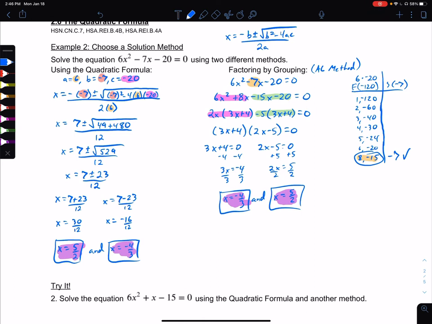So it's really important that you know how to use the quadratic formula. A lot of times it's a nice fail-safe, something you can just go back to if you can't figure out how to factor a problem, or maybe it's just not factorable. Even this one, finding factors of negative 120 that added up to negative 7, sometimes that might take a while. Depending on how many factors there are, it could take time.